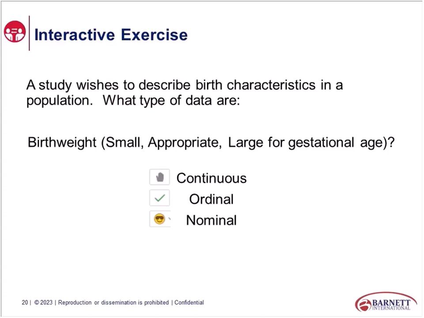Birth weight was originally continuous, but if you look at the medical charts, with small, appropriate, large for gestational age, this variable would then be ordinal. If I had this in front of me, I'd have to analyze it as ordinal data because the original birth weight, the actual grams, is now being stripped away from these data and recategorized into these 3 categories.